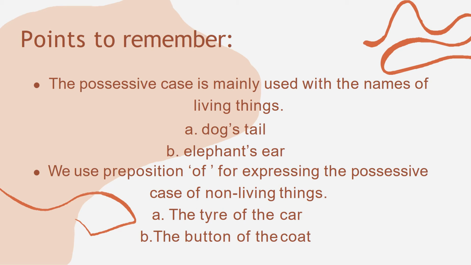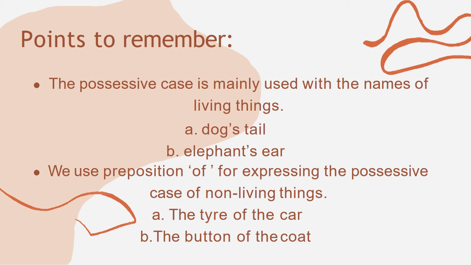Next is, we use preposition of for expressing the possessive case of non-living things. For example, the tire of the car. So what part is being played here about the car?